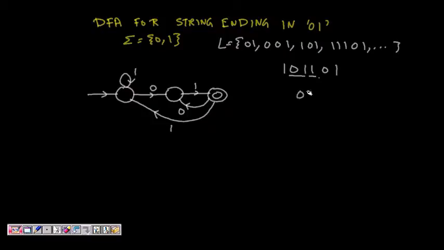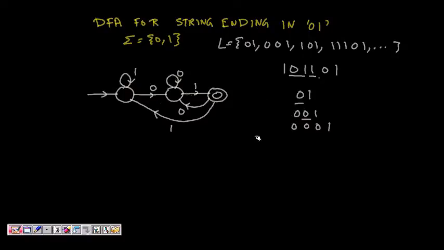I'm looking for the pattern 0 1, so even though I have got 1 0, if I get more 0s I am still waiting for a 1, so I can complete 0 1. If I have got two zeros and I get another 0, I can still complete 0 1 if I get a 1. So on 0 I will remain in the same state.